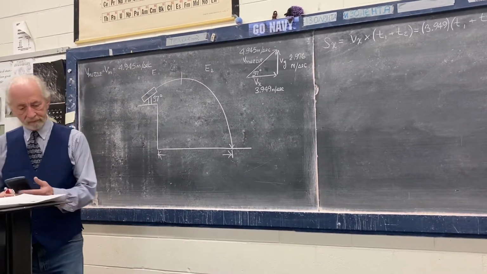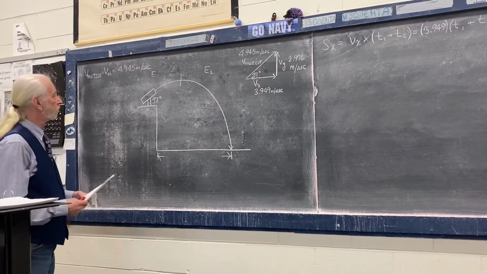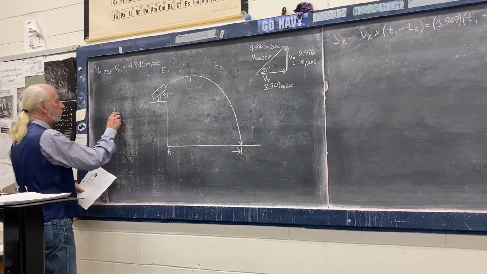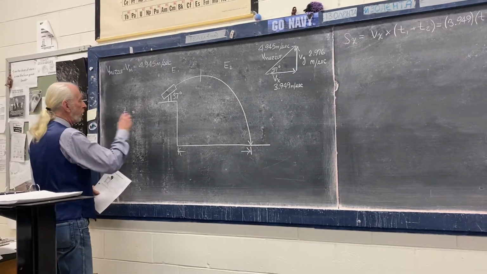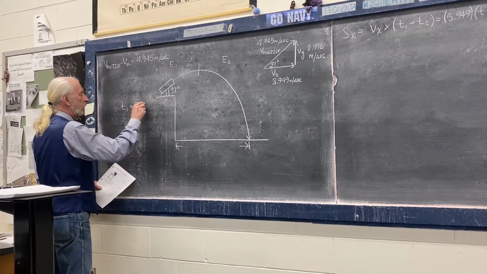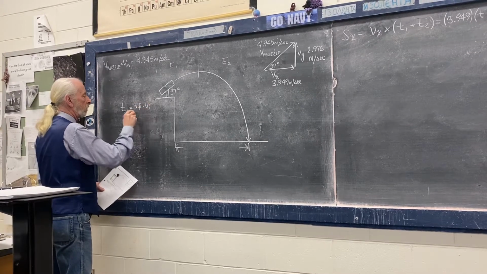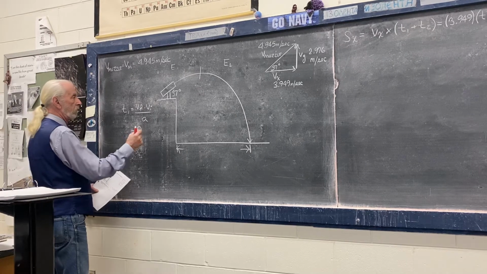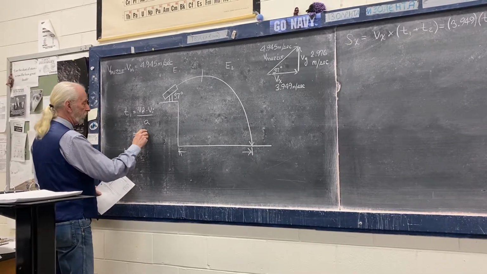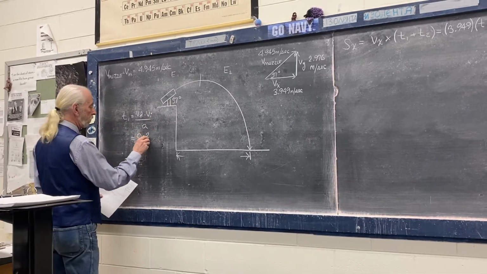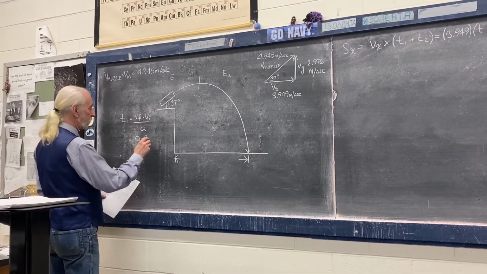Well, T1 is going to equal Vf minus Vi over a, which in this case is going to be 0 minus 2.976.